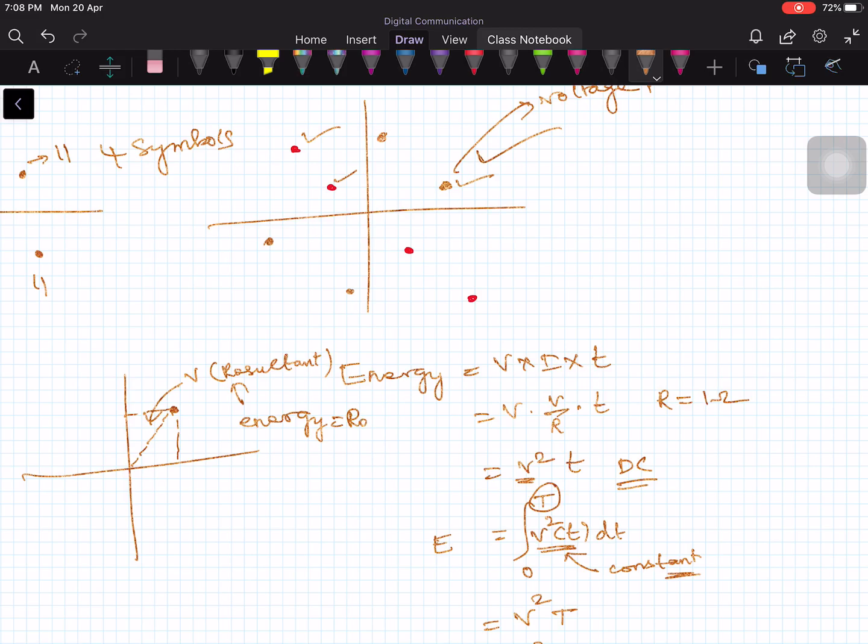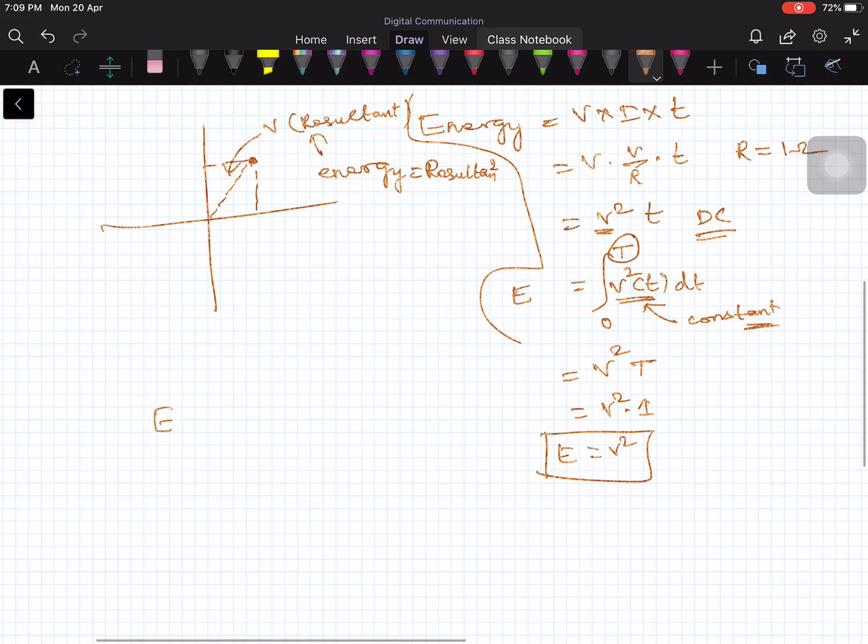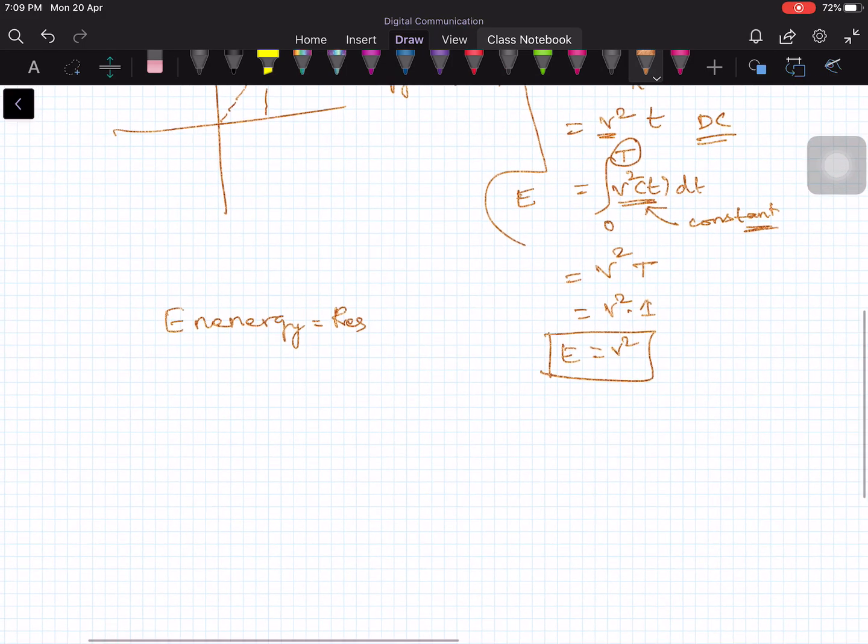Therefore the energy is equal to the resultant square. You just take the resultant square. Energy equals the resultant vector square, or the magnitude of the resultant, and take the square. Let me write it down here.